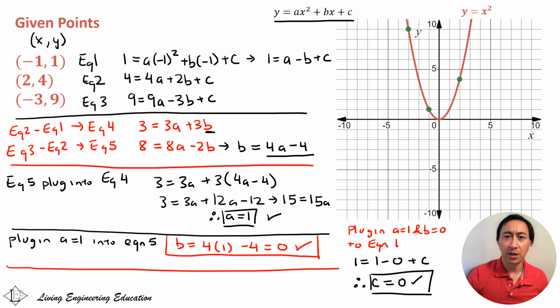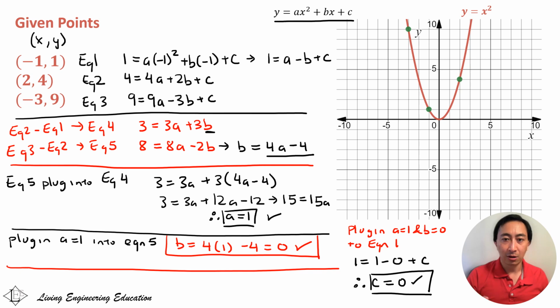So pretty standard process. We could give you any set of 3 points, and we could solve for A, B, and C in the same way to figure out what quadratic equation crosses through. So we're going to look at a little bit more complicated, interesting problem where B and C are not equal to 0. And I won't give you the final equation, and see if you can work through it on your own.